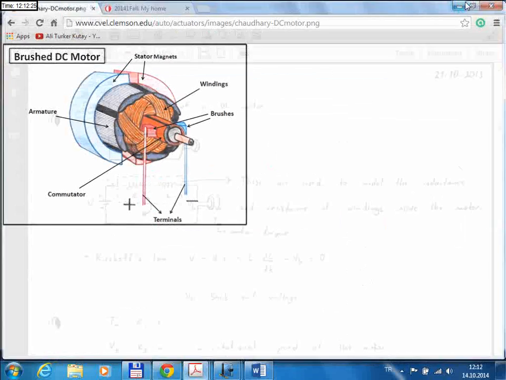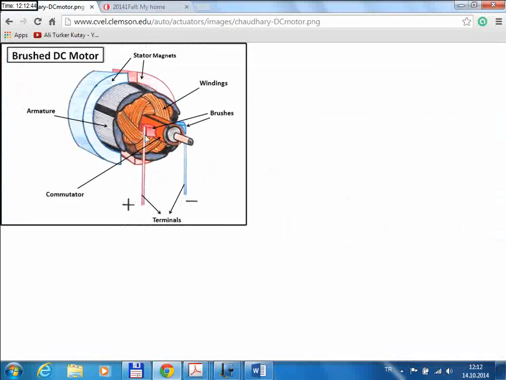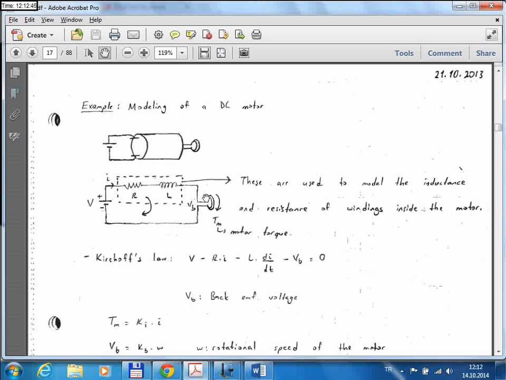To model that inductance, we use an inductor element in the circuit, and when you apply voltage, there will be a current flowing in this circuit, and that current somehow creates a torque and motion. This represents the actual rotating part, and you get a torque here, and that torque causes the motor to rotate.